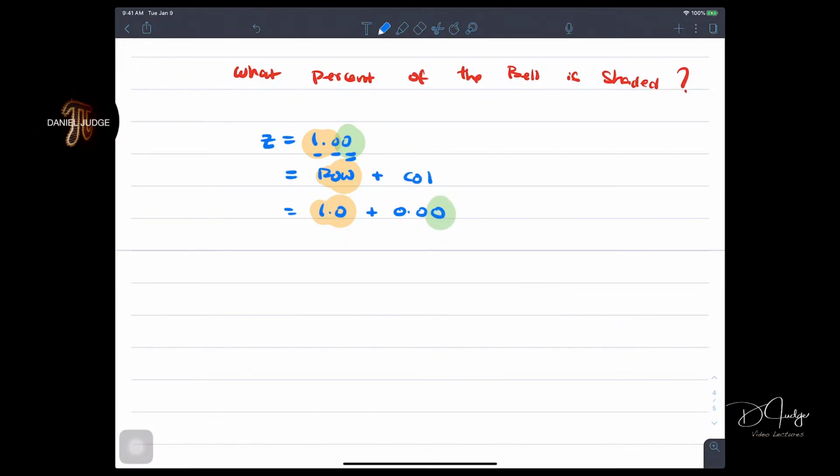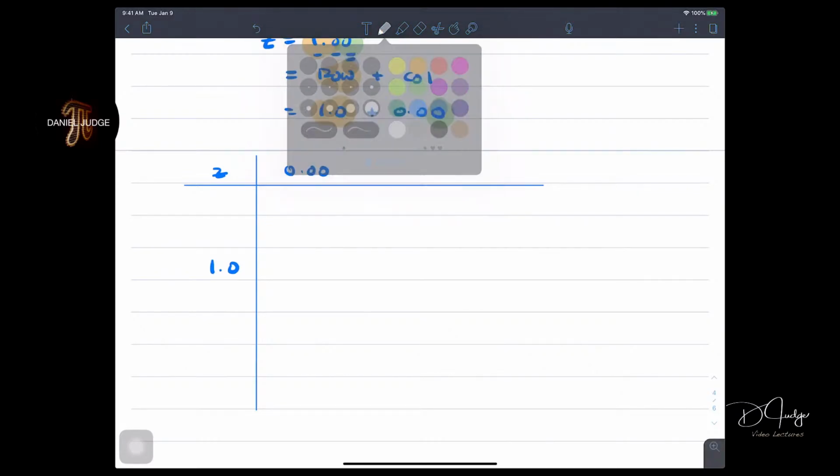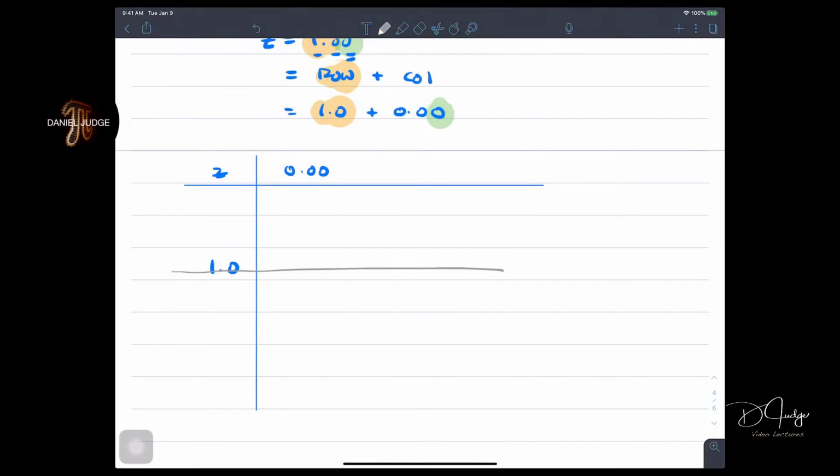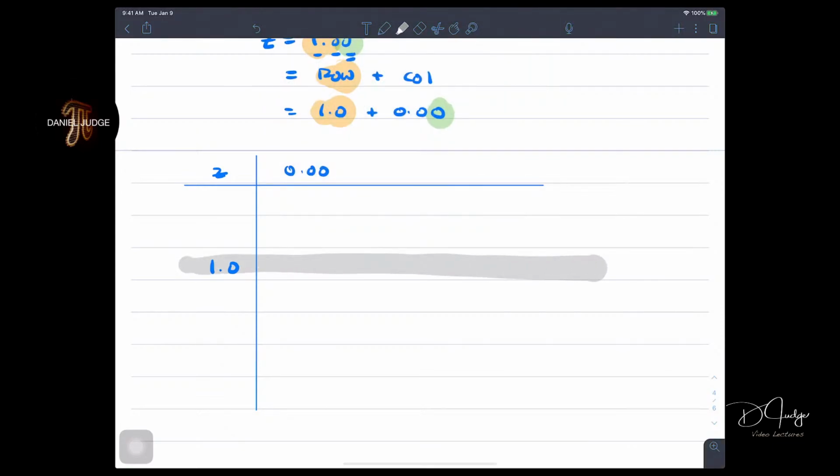So to use the table, and some of you guys are going to, because you don't have a TI that does this, and you didn't actually get the free download. That's fine. I'm going to show you how to do this without it. So we have the right row, the 1.0 row. Let me get the right color highlighter. 1.0 row, 0 column.